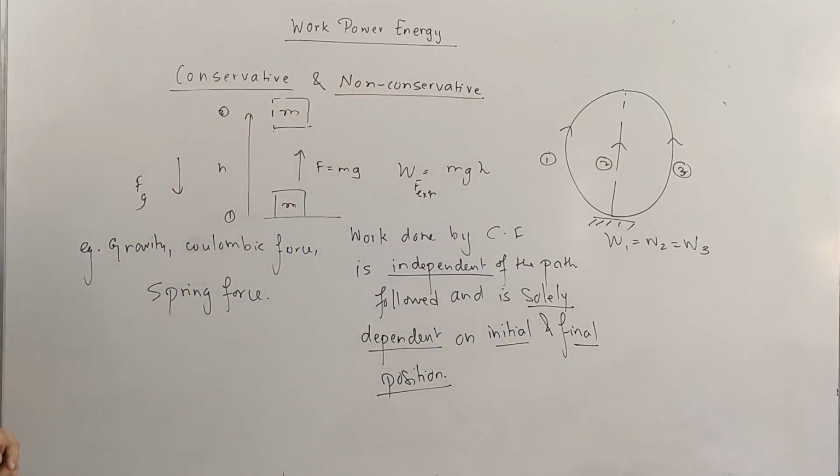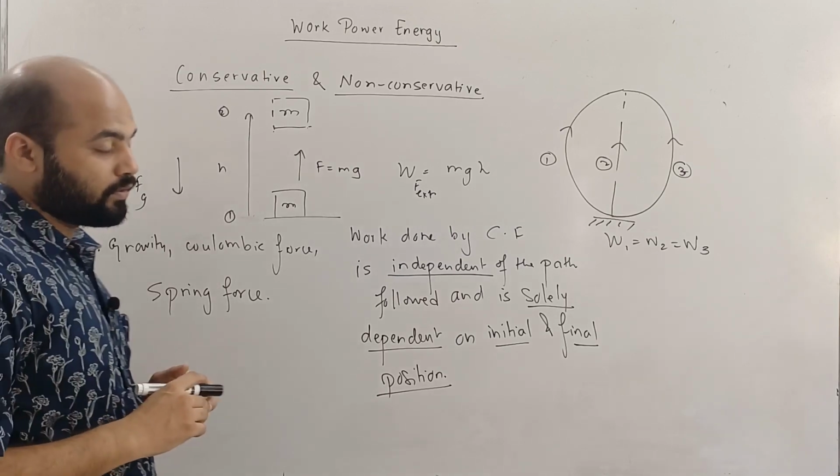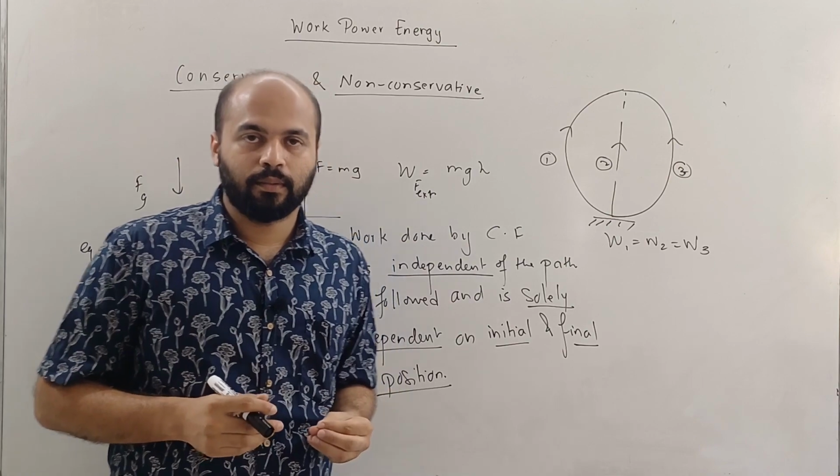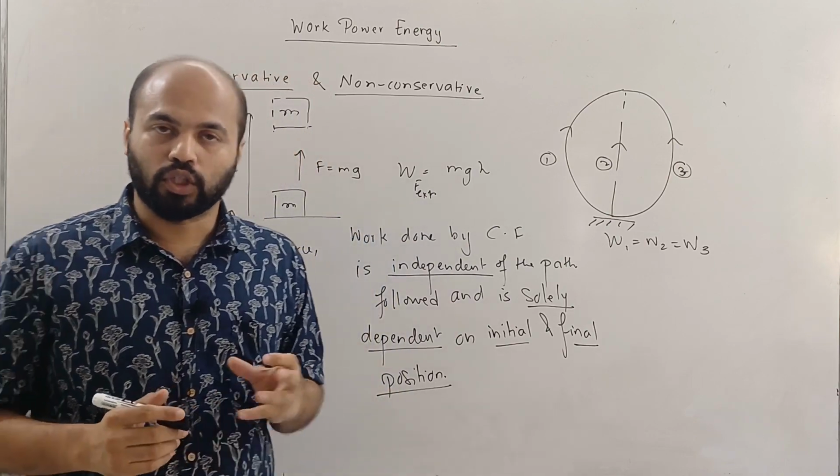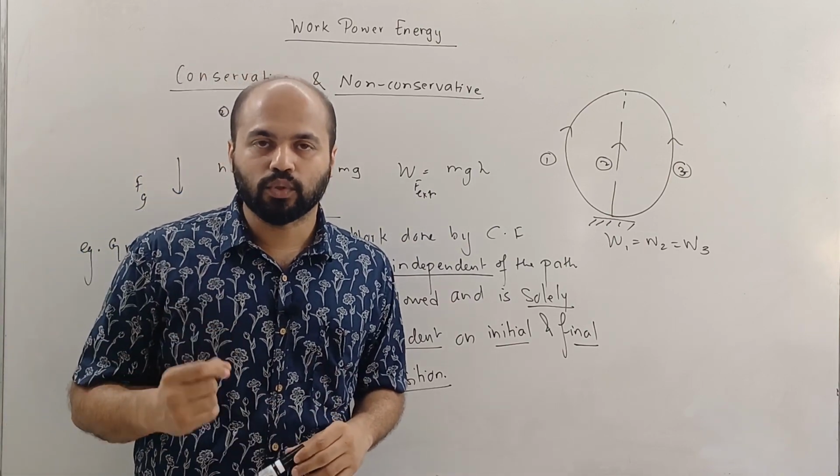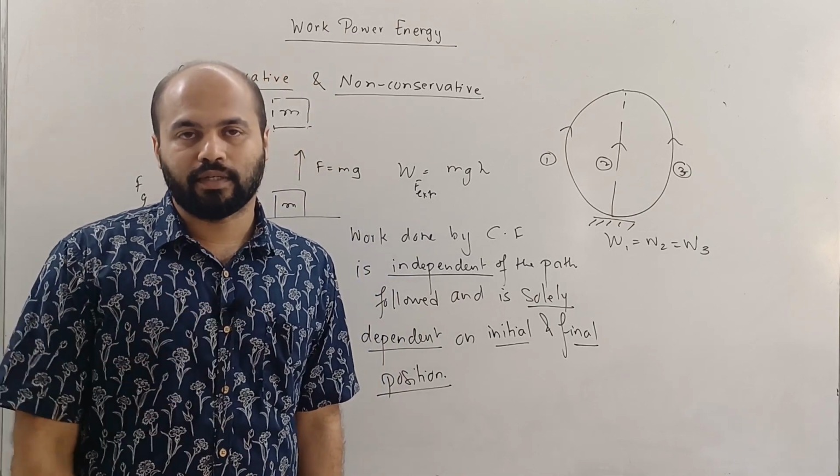So that is how we define this particular conservative force. Now, if in a certain situation path does matter for the object, then that particular force is called non-conservative force.